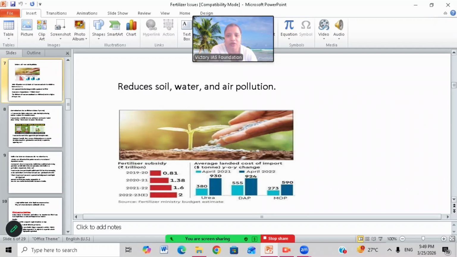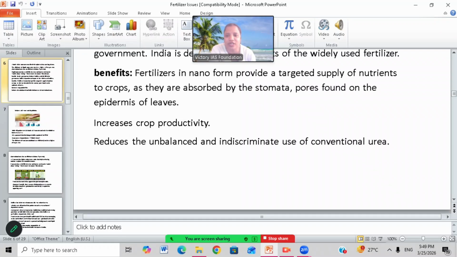So what are the benefits of nano urea? Fertilizers in nano form provide a targeted supply of nutrients to the crops, as they are absorbed by stomata pores found on the epidermis of leaves. So even solid fertilizers can't be used on leaves of the plant easily.